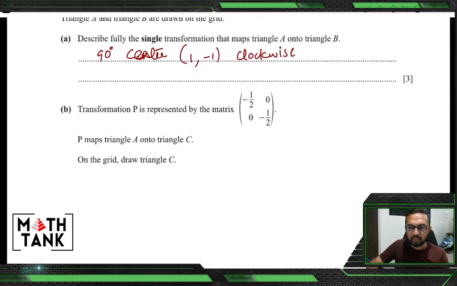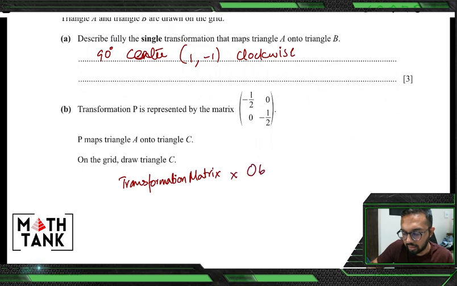Now I can obviously see that this is basically an enlargement. So I could go on and apply an enlargement with scale factor minus half and get it done. But how do you do transformations when you have the matrix? So it's transformation matrix multiplied by object matrix equals image matrix.